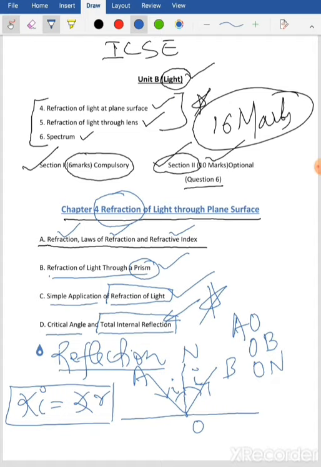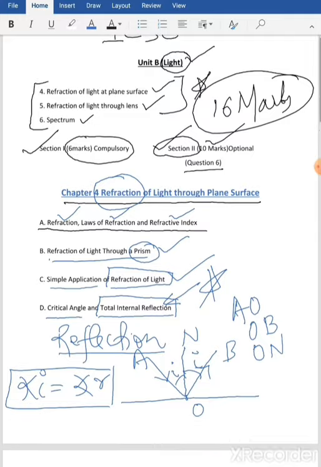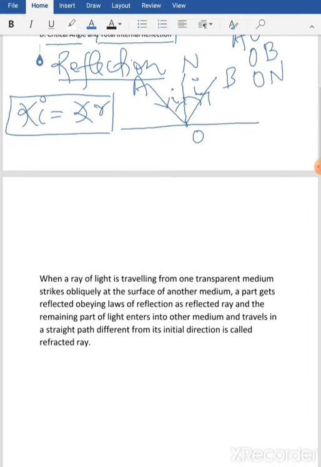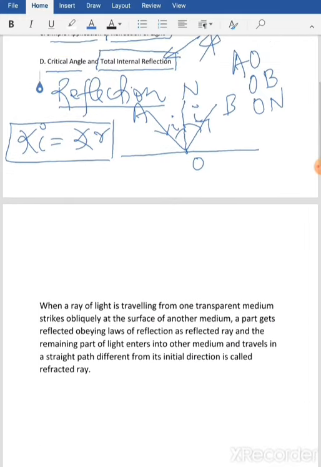Now let's again see the speed of light in different media. So now you know that light travels much faster as compared to sound, and light can travel even in vacuum.